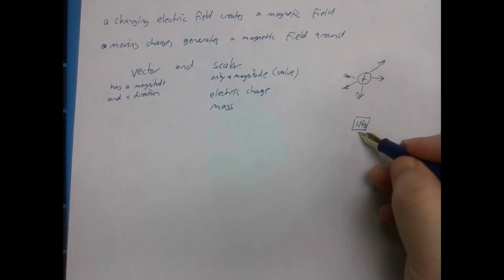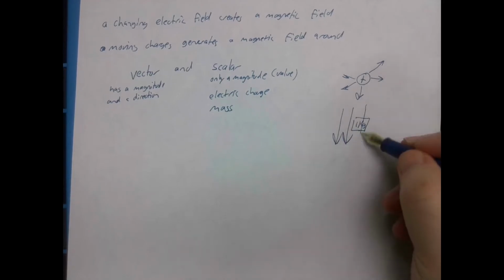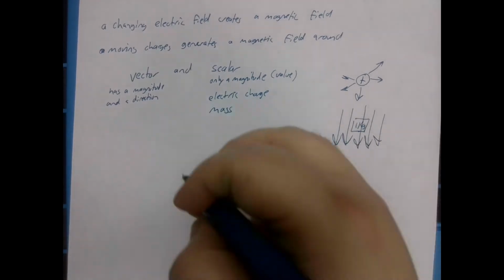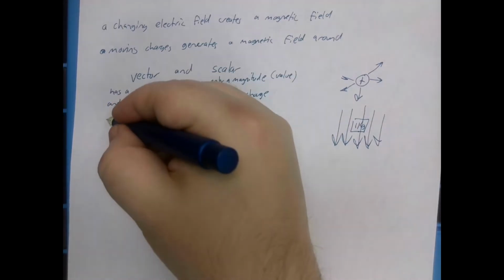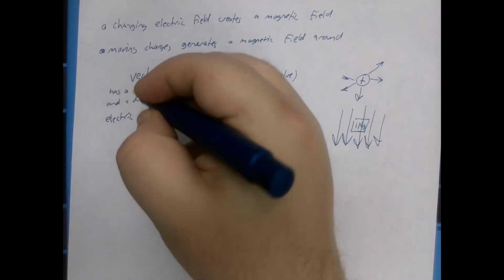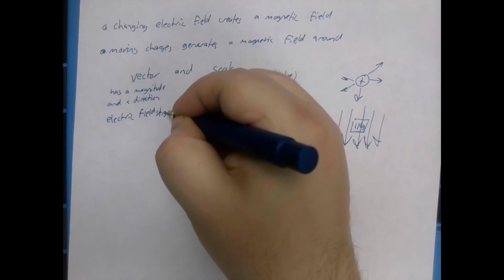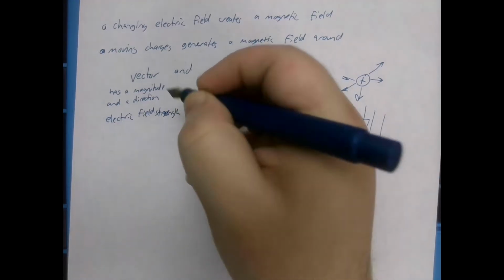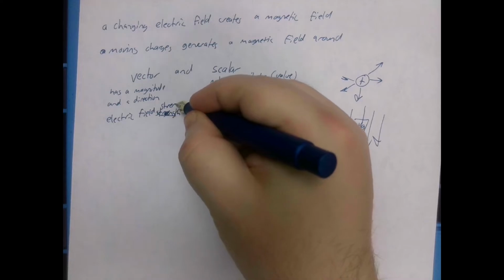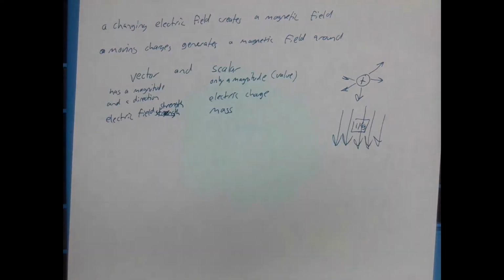However, what about gravitational field? The gravitational field is pulling everything downward. The electrical field, also known as electrical field strength, we often omit the word strength.